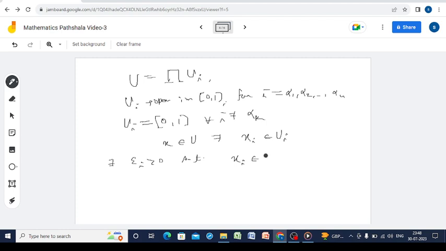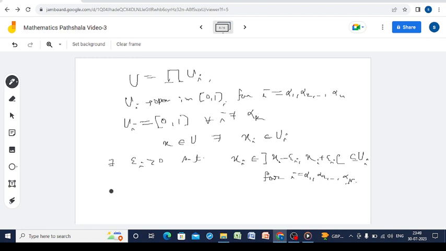x_i belongs to (x_i minus ε_i, x_i plus ε_i), which is a subset of U_i, because this U_i is open in the usual topology in the closed interval [0,1] as the subspace topology of R, for i equal to α1, α2, ..., αn.